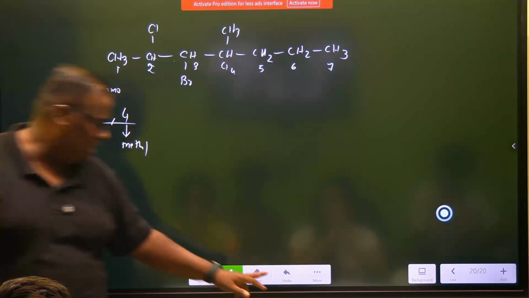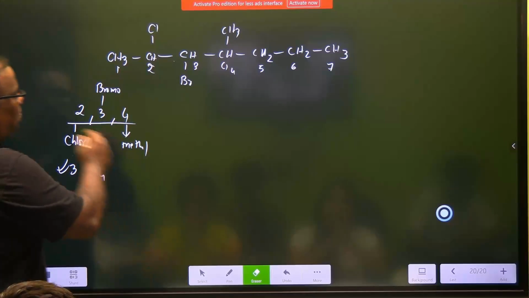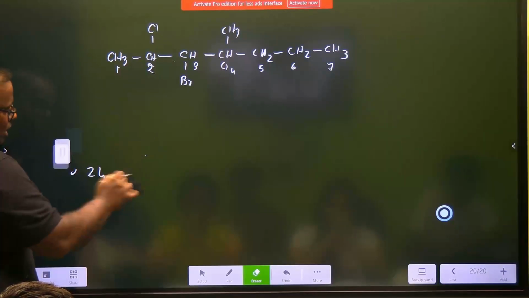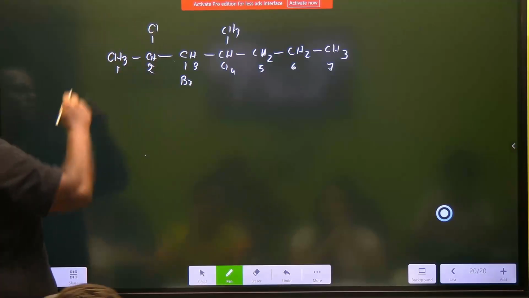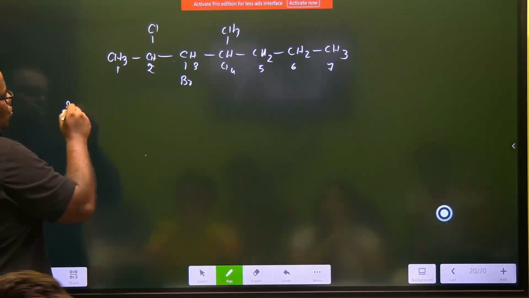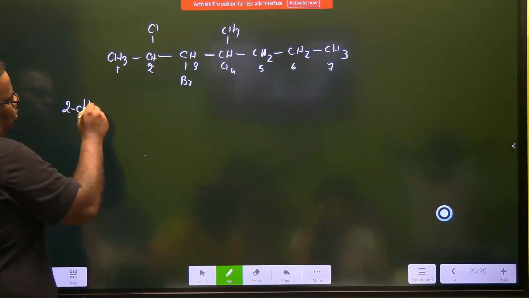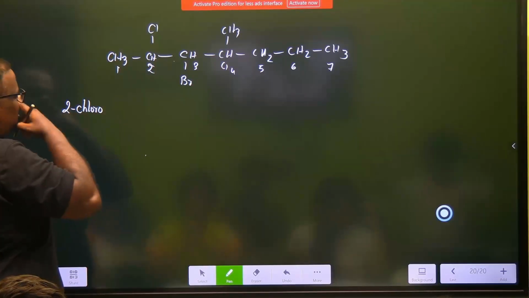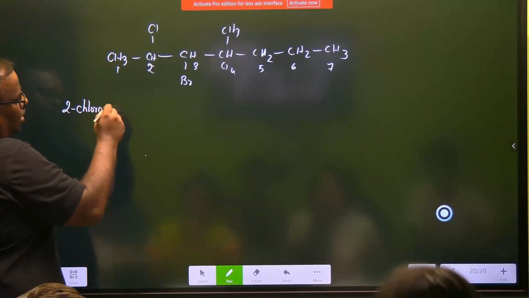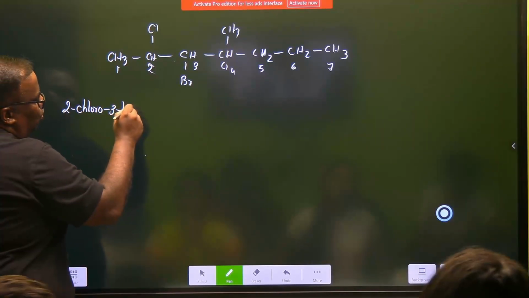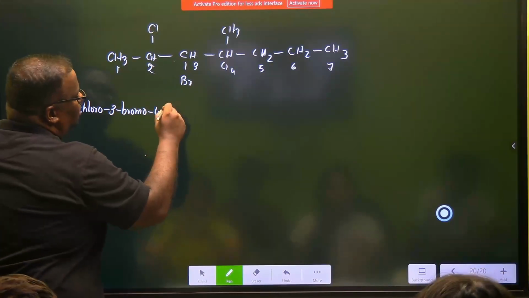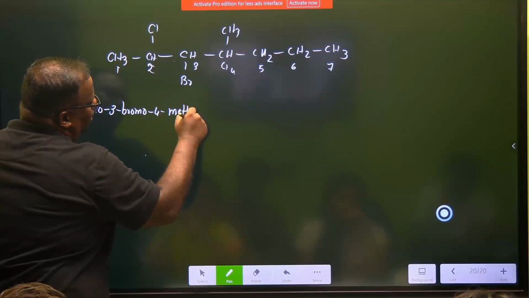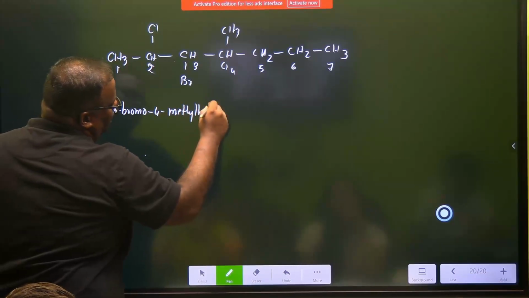So let's see whether we are able to make the same compound or not, and after that, I'll leave you. Enough, I've eaten your heads. Nobody is going to ask this question, but this is what is waiting for you in 11th. So let's name it: 2-chloro, then 3-bromo, then 4-methyl, after that heptane.